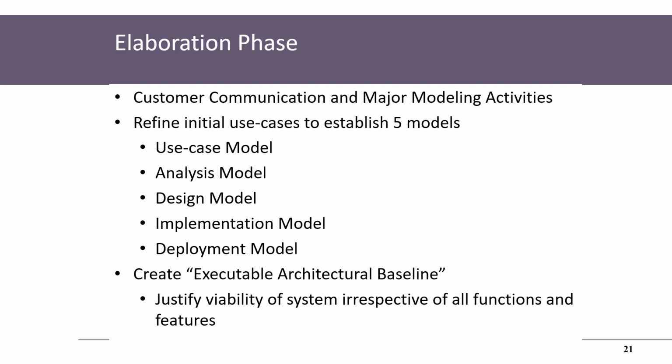Create an executable architecture baseline. When people go out of the elaboration phase, the baseline architecture is done. It's like something you put in writing, like a marriage certificate. You can't say no; you have to move with that. Justify the validity of the system irrespective of all the functions and features.